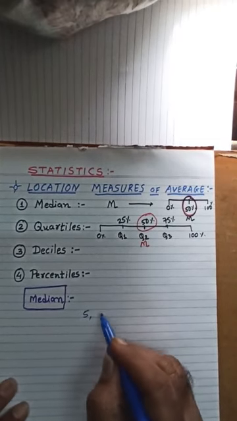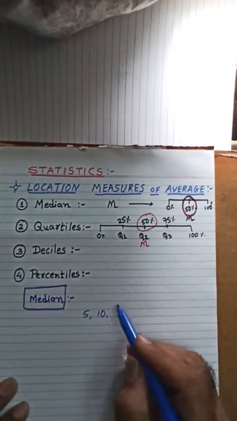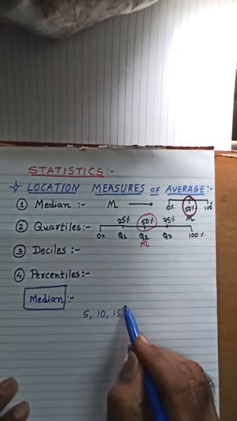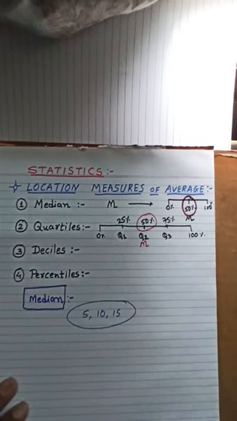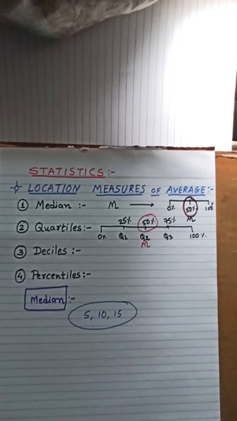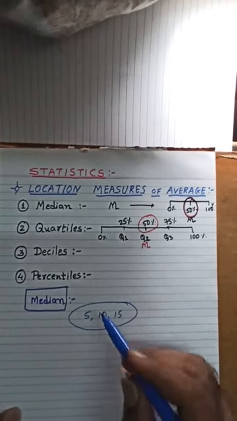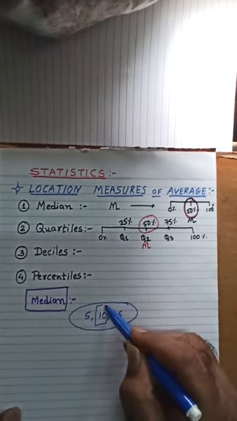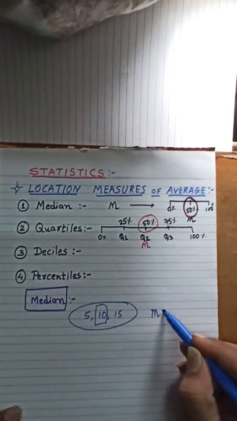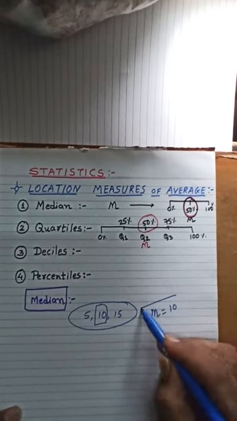If there are 3 observations, 5, 10 and 15, which is exactly in the middle? 10. So we can say median M is equal to 10.